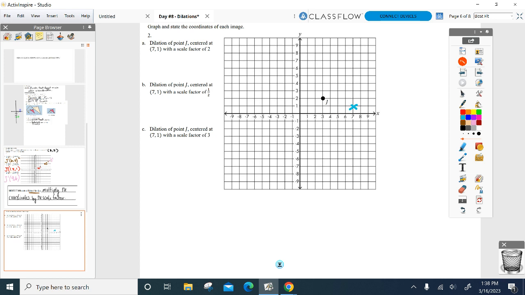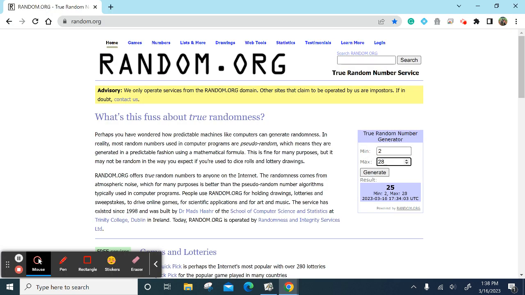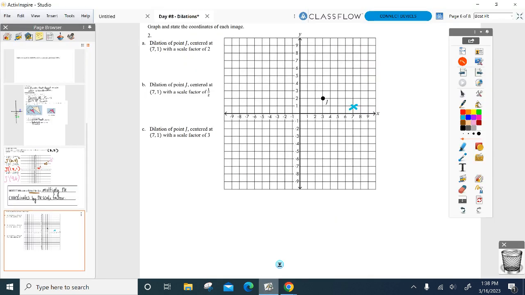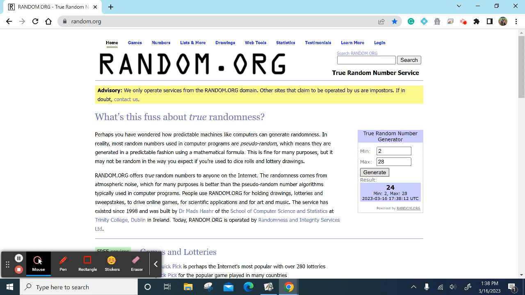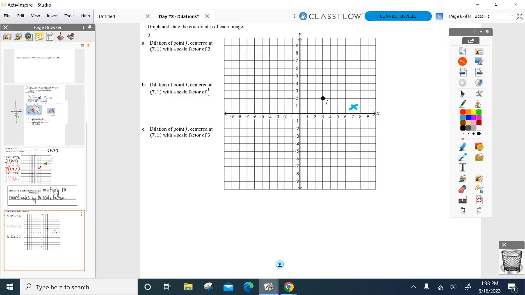All right, so how do I perform a dilation of 2? Same thing we just did, ready? Going from 7, 1, how many up and over do I need to get to J? Up 1, over 4.